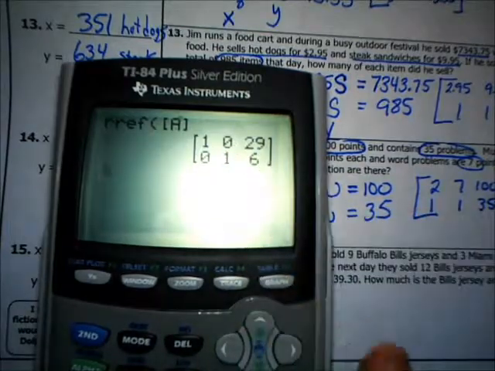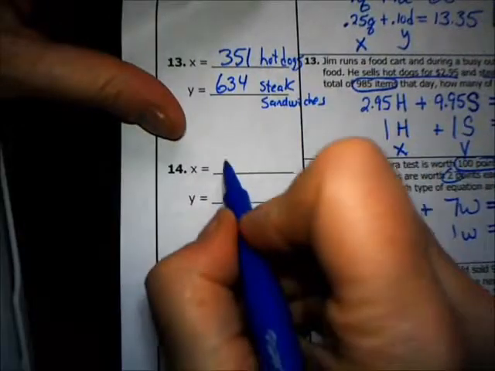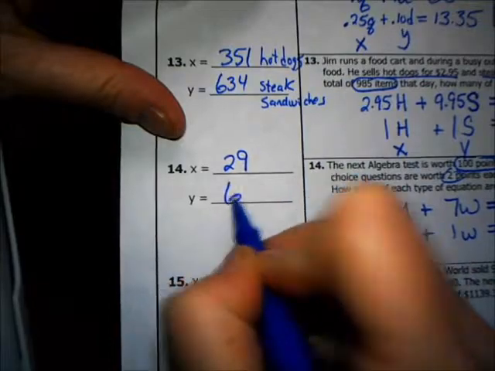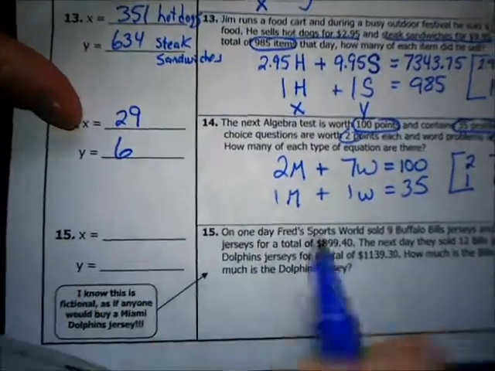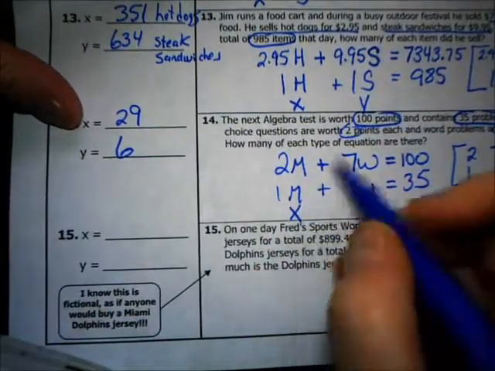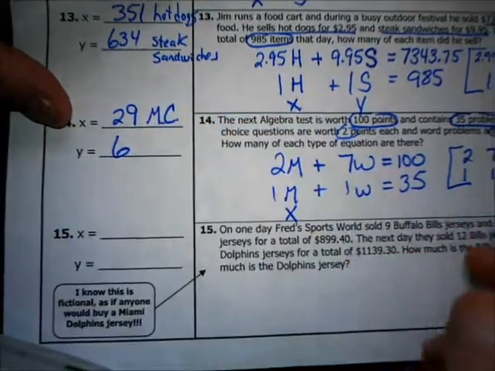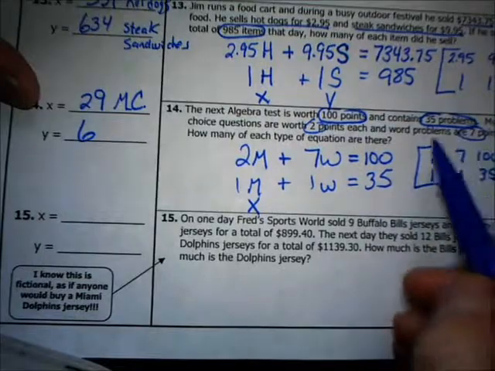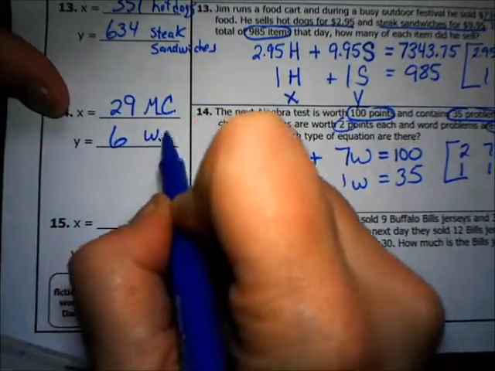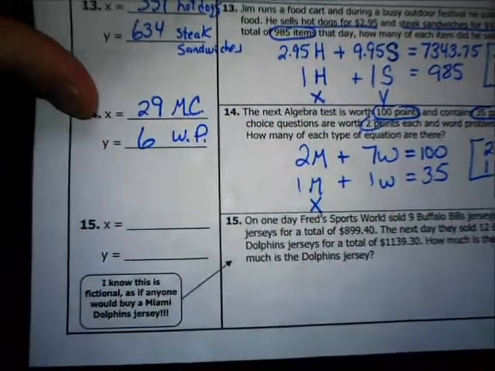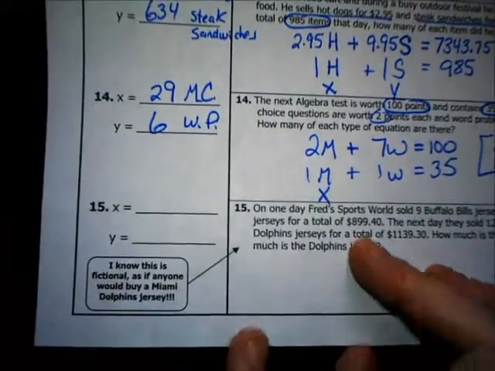It tells me I have 29 of my first options and 6 of my second options. So my first options were the M's, which was multiple choice. I'm going to put MC here. And then the second option was word problems. I'm going to put WP here for word problems.